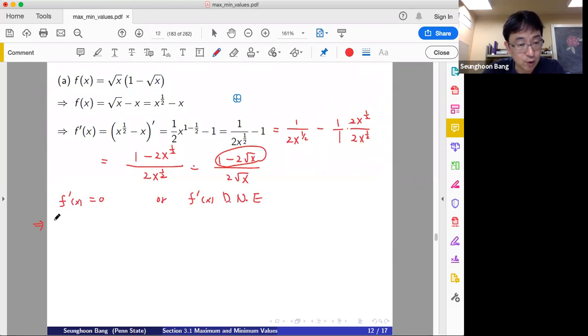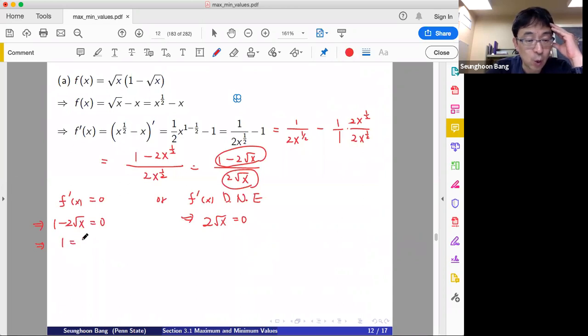The numerator equal to 0 is 1 minus 2 root x equals 0. f prime of x does not exist when the denominator equals 0: 2 root x equals 0. So here, you can add 2 root x to both sides: 1 equals 2 root x. You can divide: root x equals 1 over 2. Next, square both sides.